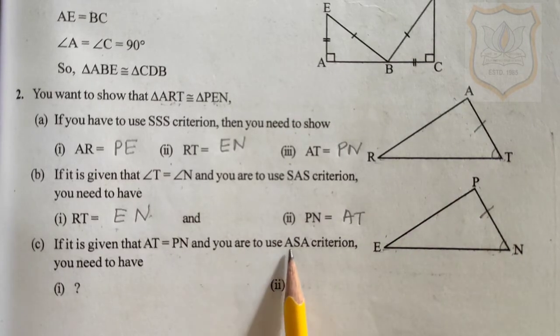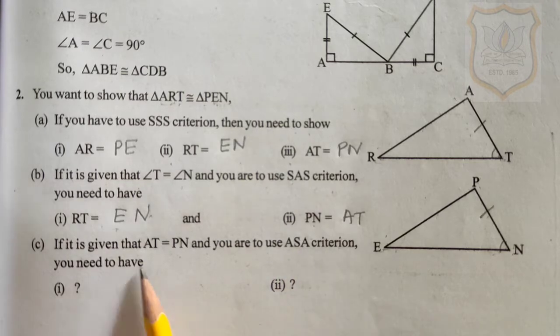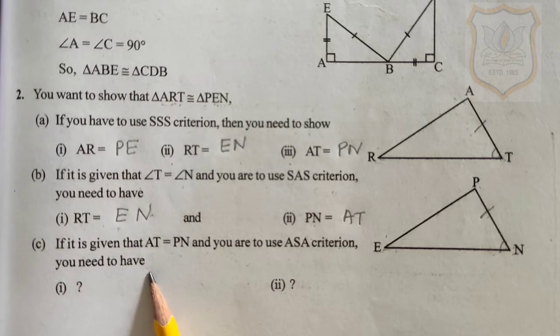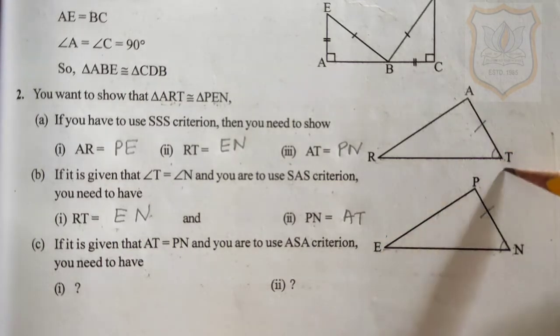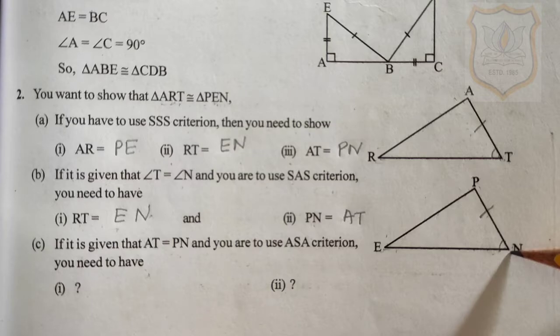See, if it is given that this AT side is equal to side PN, and you are to use angle side angle criterion, you need to have, here students, this side AT and this side PN is equal, and we have to use angle side angle criterion.